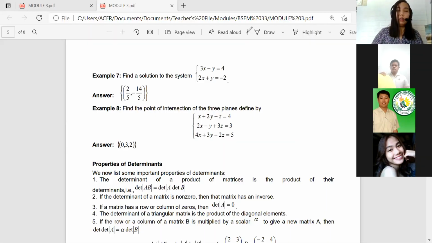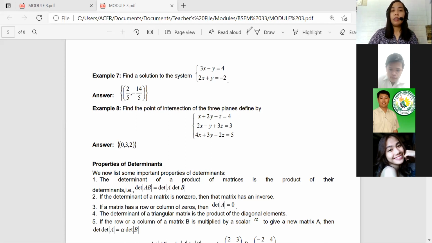Okay, so let's continue. Properties of determinants. So we now list some important properties of determinants. Number 1, the determinant of a product of matrices is the product of their determinants.